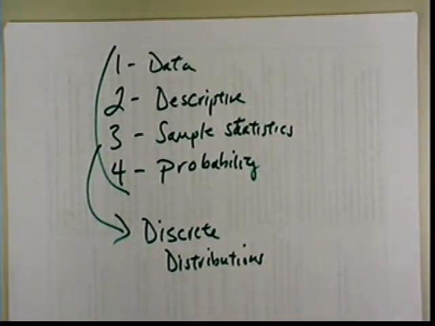Of course, if we have discrete distributions, you know that there are continuous distributions, and that's going to be the topic of chapter 6. So, believe it or not, we are actually building these things up so that they will end up making some sort of sense eventually.